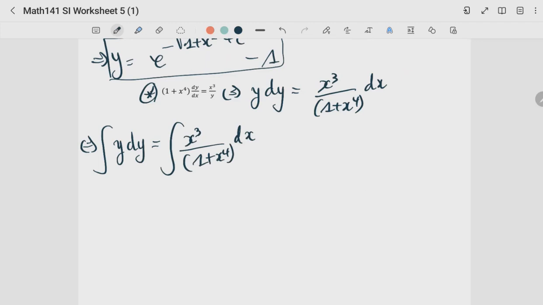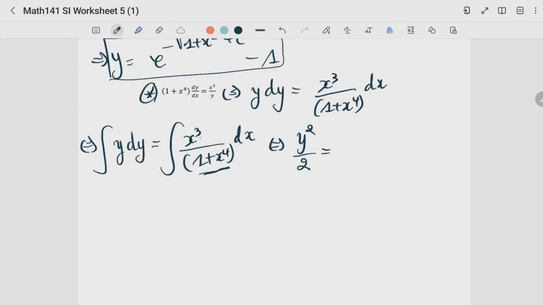Now the left-hand side will just give us y squared over 2, equal to the right-hand side. Now we have to think about it. You can see that the denominator, 1 plus x to the 4, is one order higher than the numerator.